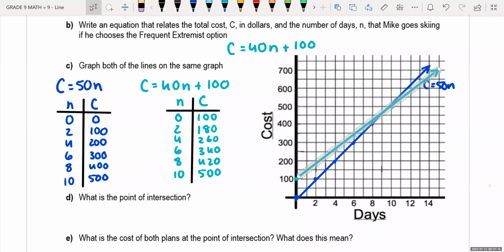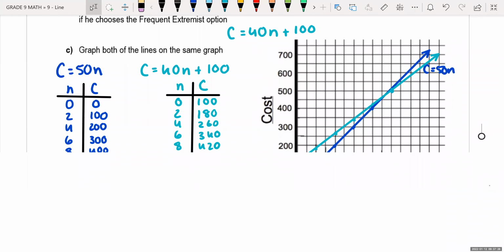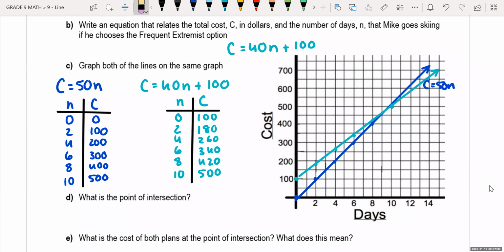All right, close enough. You guys, what is the point of intersection for these two lines? In fact, even if you didn't look at it on the graph, you can look at it on the table of values and you should be able to see where these two lines clearly intersect. What do you think?